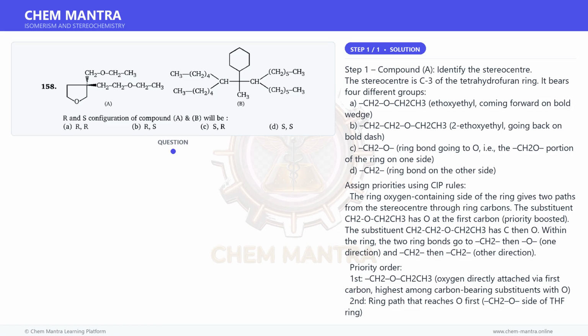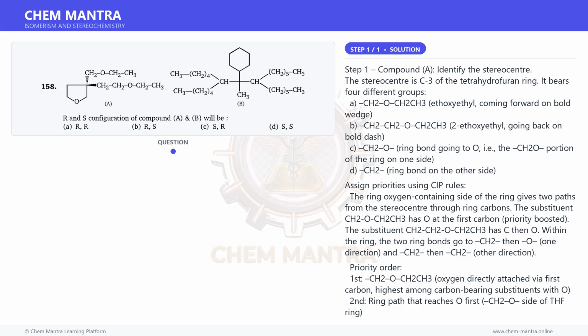Priority by CIP. First, cyclohexyl, ring, equal to multiple carbons, high connectivity. Second, CH(C5)2, the CH attached to 2 pentyl chains, first atom C with substituents C, C, H. Third, CH(C6)2. The hexyl chains are longer but the immediate atom is still C with C, C, H, same as pentyl CH.